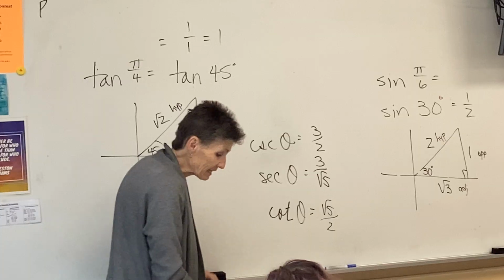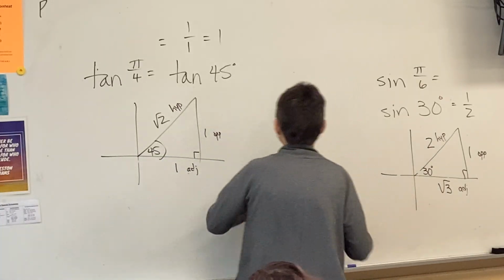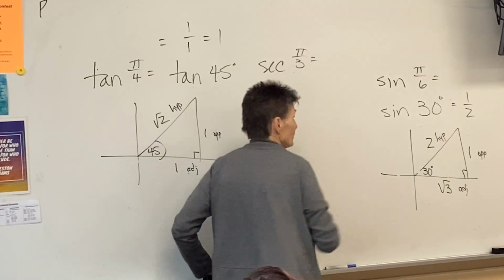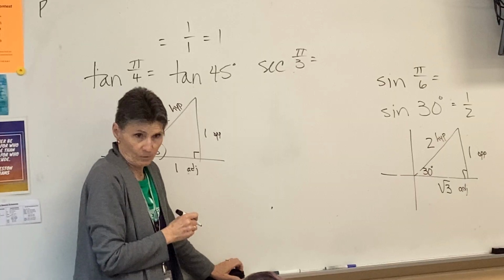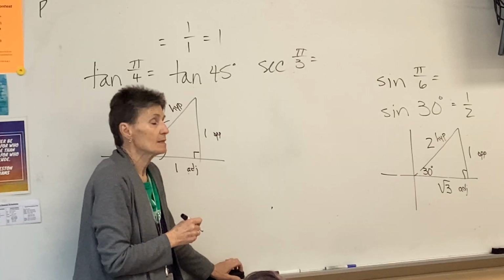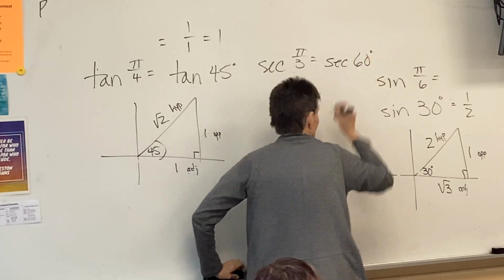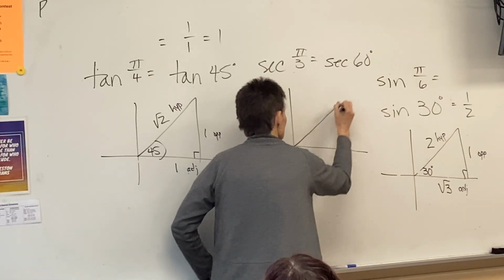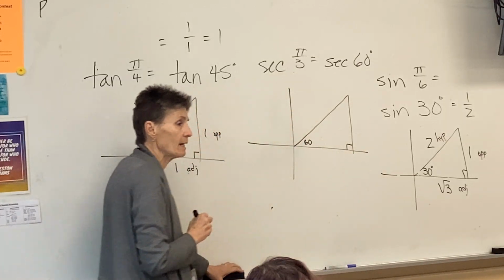All right, secant pi over 3. What is the first thing you're going to do? 180 over 3, which is 60. So we're going to do secant 60. Then you're going to draw your picture, the same picture we draw every time.